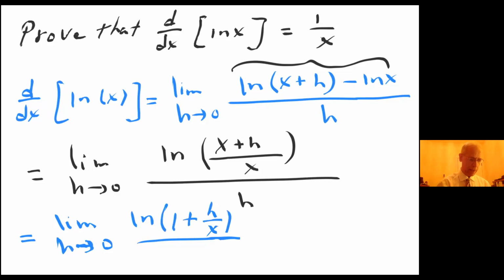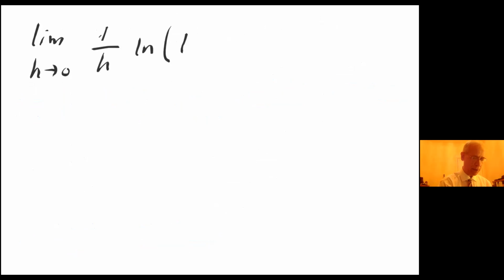Okay. Instead of writing the h in here, I can do it next step, pulling 1 over h out. Let me show all the steps. So now I'm going to rewrite this as the limit as h is tending to 0, pull the 1 over h out, natural log of 1 plus h over x. Okay, that looks good now.